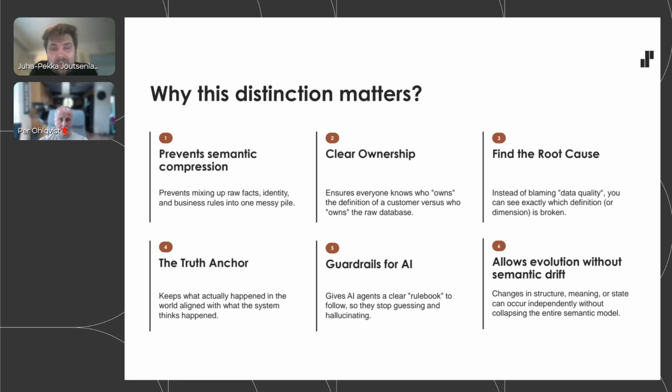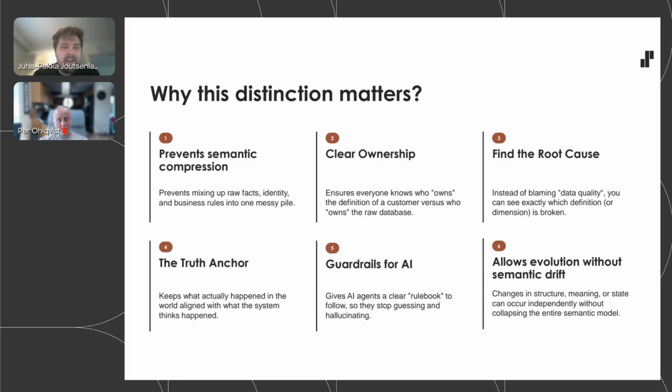The fifth point is, of course, the guardrails for the AI. As discussed, we need some way to provide contextual understanding for the AI for it to stop hallucinating, and it also allows us to change and evolve things without semantic drift.